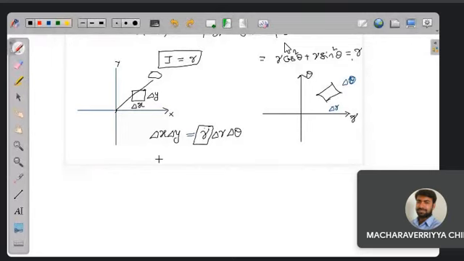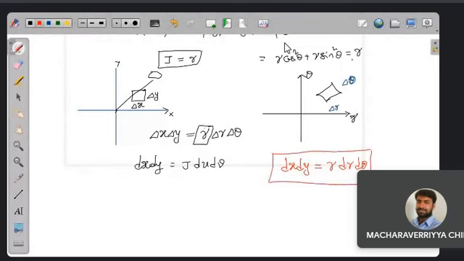Whenever you change the coordinates, you used to write dx into dy as Jacobian into du dv. Maybe if you don't notice it, at least you would have noticed this: dx into dy equal to r into dr d theta. When you move to polar coordinates, dx dy changes to r into dr d theta.